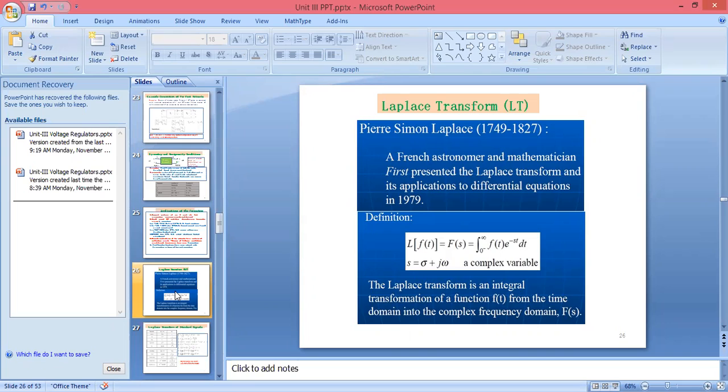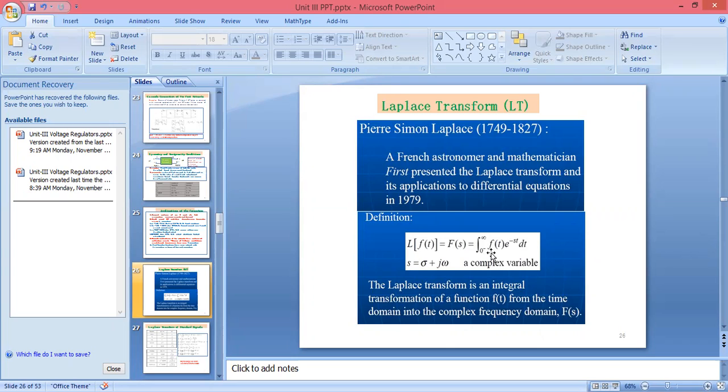So we can use the Laplace transform to convert differential equations from the time domain into the frequency domain. If you are calculating the equations, you will get L of f of t equal to F of s, the integration from 0 minus to infinite of f of t e to the power minus st dt.